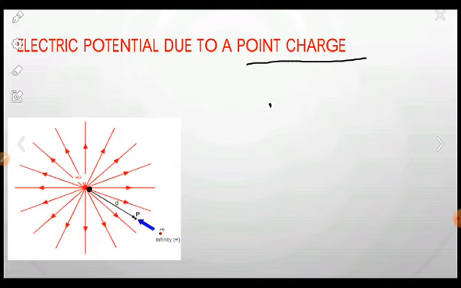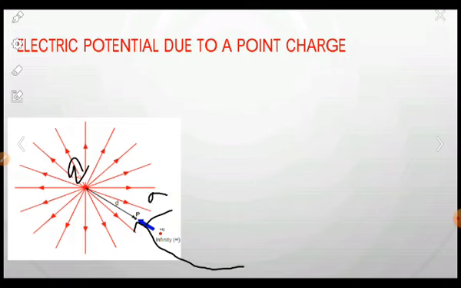So if you keep a point charge Q, it will not have a surface area and volume, and around this charge an electric field is developed. Now our aim is to calculate electric potential due to this charge. The charge is kept here, Q, this is Q only, and we have to bring another charge, which is called Q naught, from outside to a point here.